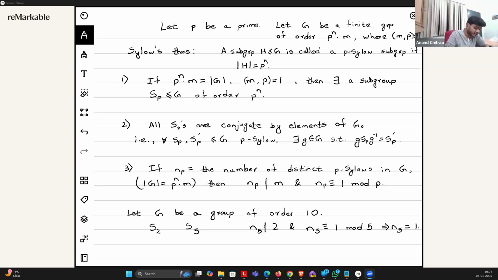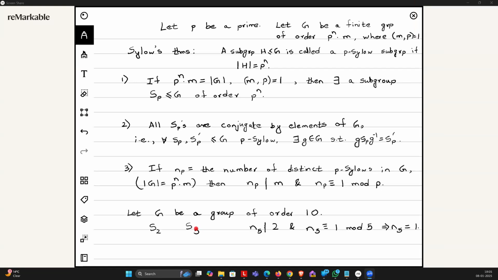Now, we know that all P-Sylows are conjugate. So it turns out it's equivalent for a Sylow to be normal and NP to be 1. So N5 is 1. This implies S5 is normal, because if you conjugate S5 by any element, you would get a subgroup of the same cardinality.